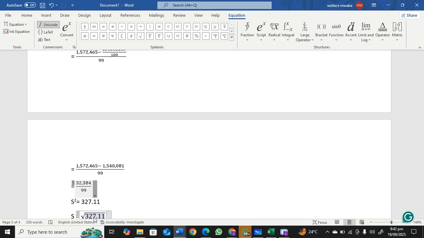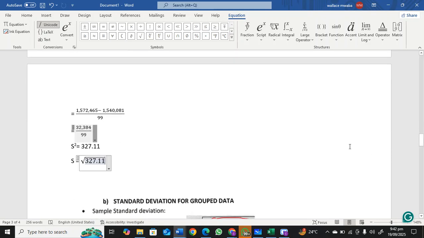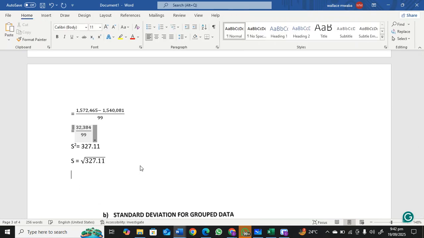You get 18.08. That is the standard deviation. Any questions?